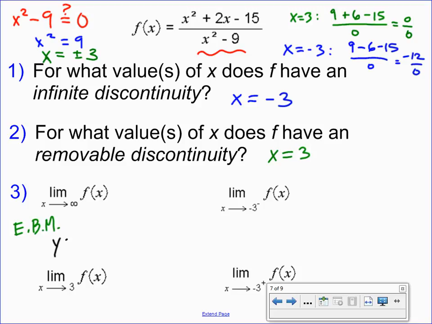For us, the end behavior model will be given by the quotient of the dominant terms. And so make sure you grab your signs. I get x squared over x squared for my quotient of the dominant terms, and that's just 1. So it looks like I have a horizontal asymptote. As x goes to infinity, f of x goes to 1.